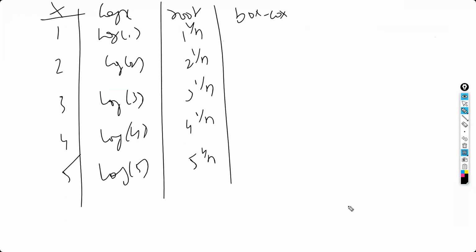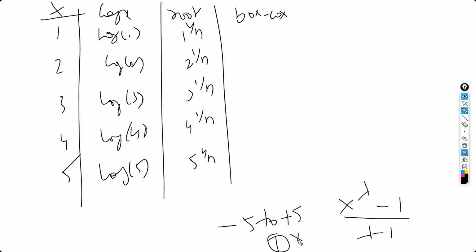The formula for Box-Cox is (x to the power of lambda minus 1) divided by lambda, where lambda values are between minus 5 to plus 5 other than 1. 1 should not be included. If 1 is there, it is going to be an infinite value.